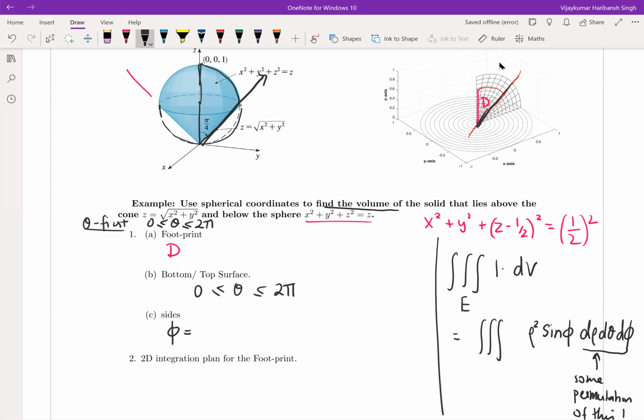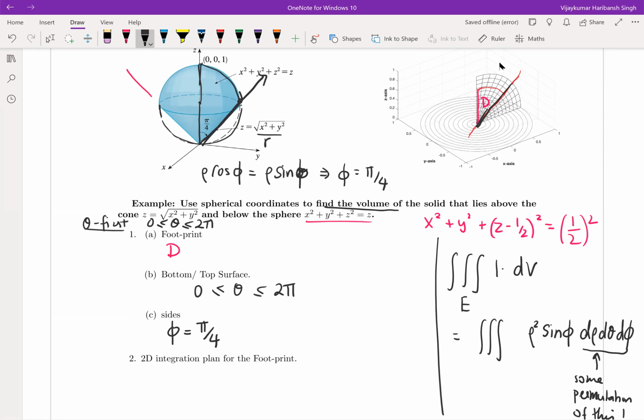If you take z equals the square root of x squared plus y squared, we get rho cos phi equals rho sine phi, since the square root of x squared plus y squared is r, which is rho sine phi. This means phi equals pi by 4. So one of the sides is phi equals pi by 4.